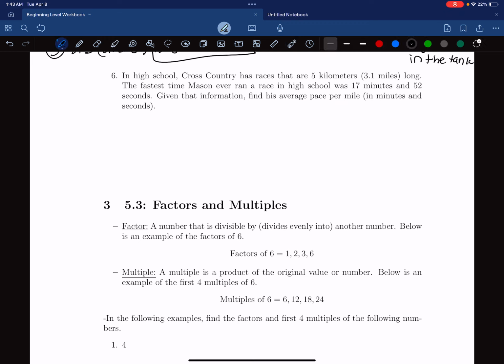So I'm not going to lie, this has a little bit extra stuff added to it because we have to do some converting. So for our first step, let's interpret the problem first. So we want to find the average pace per mile in minutes and seconds.